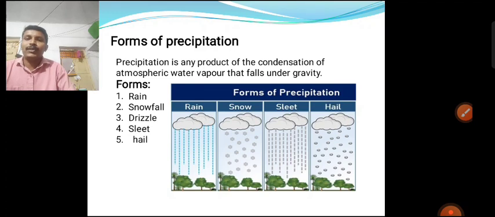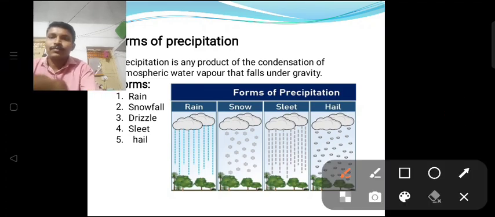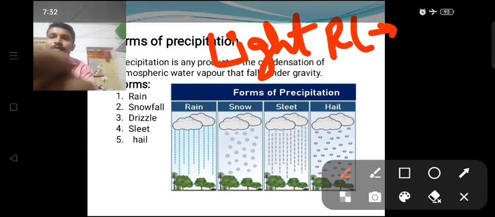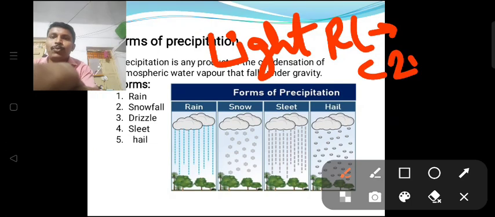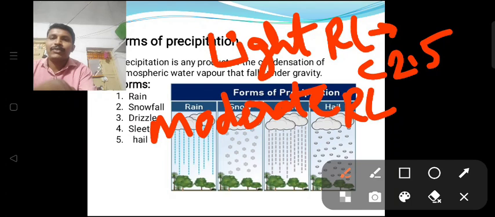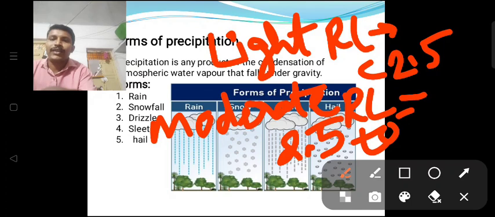For example, for light rainfall, the intensity is less than 2.5 mm per hour. Coming to moderate rainfall, the intensity is between 2.5 and 7.5 mm per hour.